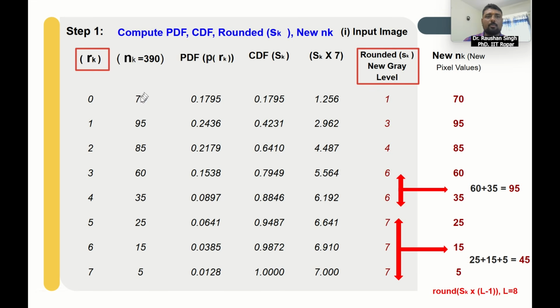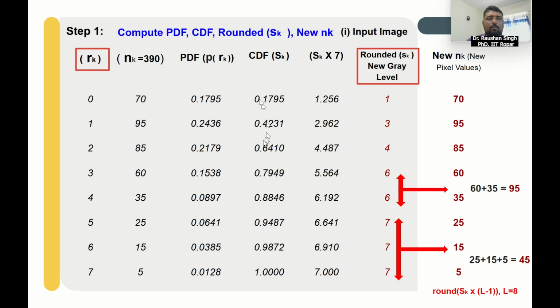So your first value is 70 divided by 390, the nk by n that you remember, where n is the total number of pixels. 95 divided by 390 gives this value, and 85 divided by 390 gives this value. Likewise you can calculate all these values.